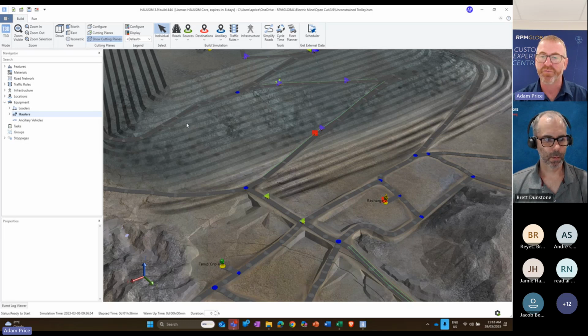I suppose the one part that we've been talking about is the haulage equipment, which is really important. How the haulage equipment is going to work is one side of the puzzle that we're trying to solve, but the other side is the infrastructure side.